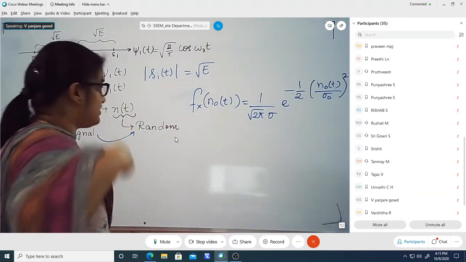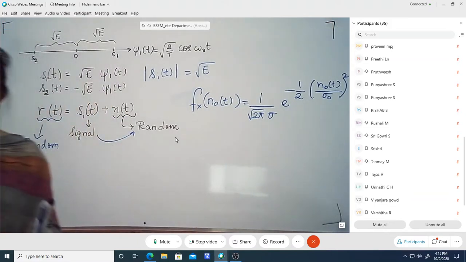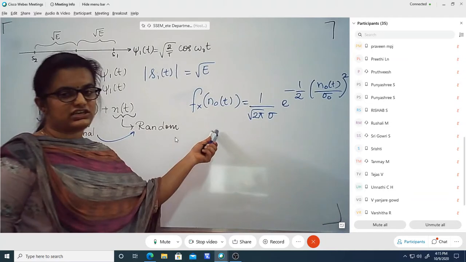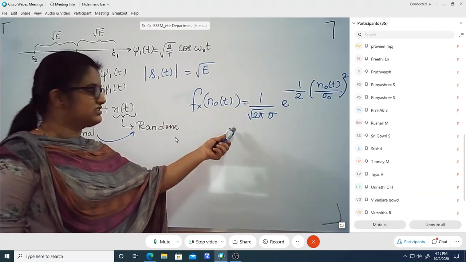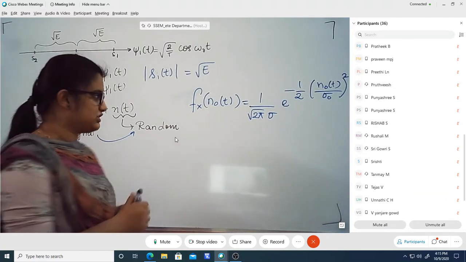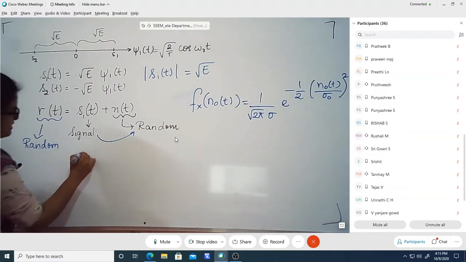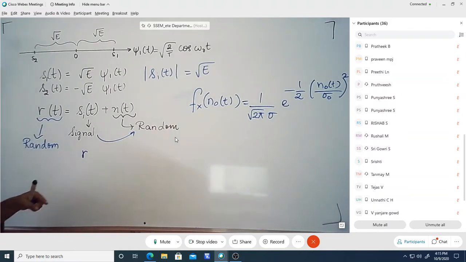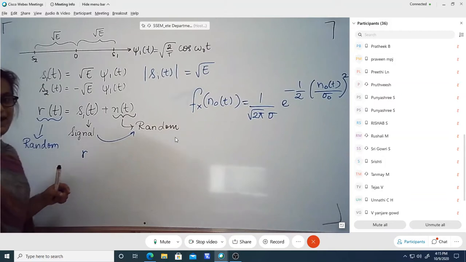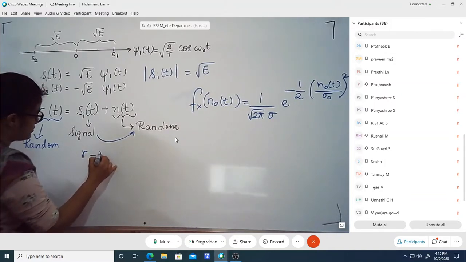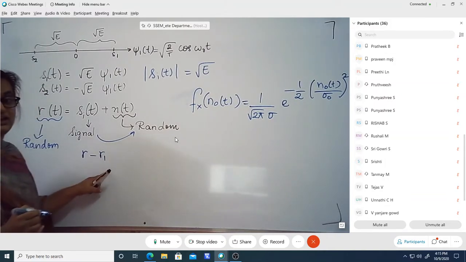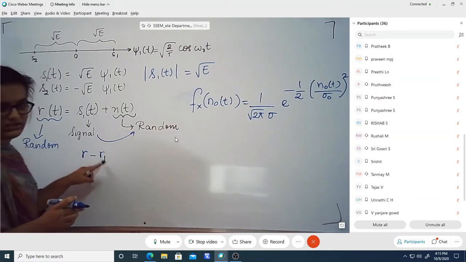So whenever we represent a random noise which is Gaussian in nature, the probability density function is of a standard representation. Now whenever this r is obtained, if it is a matched filter, we compare it with the reconstructed symbol on the receiver side.